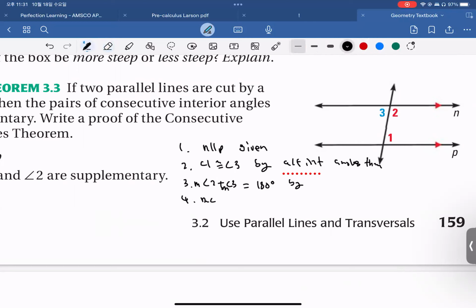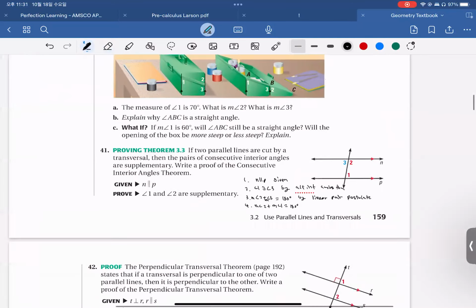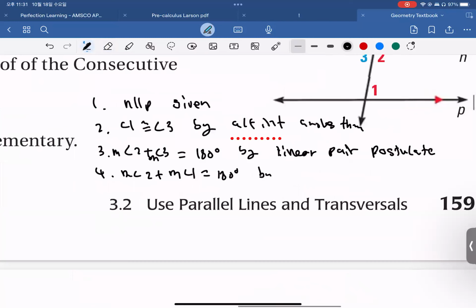Then we know that measure angle 1 and 3 are congruent, so we can substitute to get the substitution property of equality, and we're done.